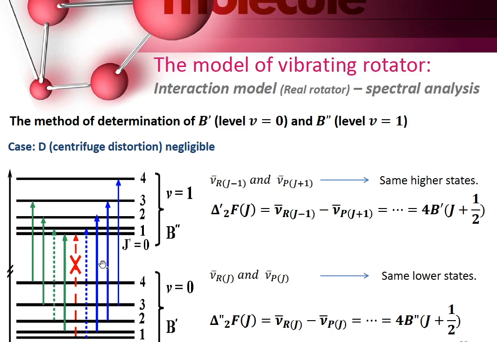So if I take the spectral line corresponding to this transition minus the spectral line corresponding to this transition, it's going just to give me this difference. And this difference is, for the level V equal 1, where the spectral term of rotation is B second. And this gives us this relationship.